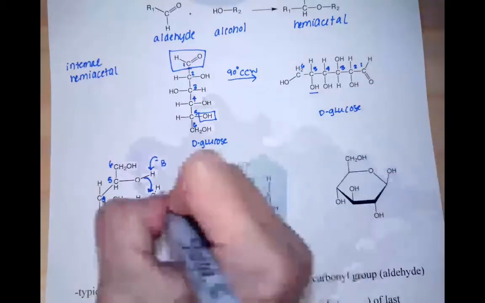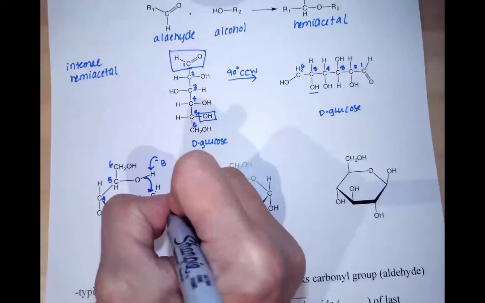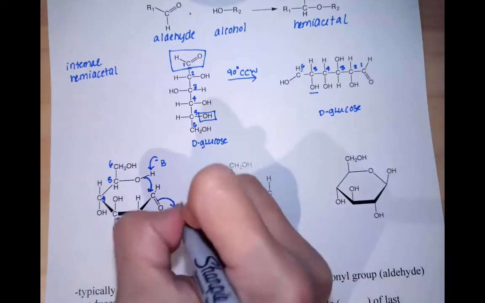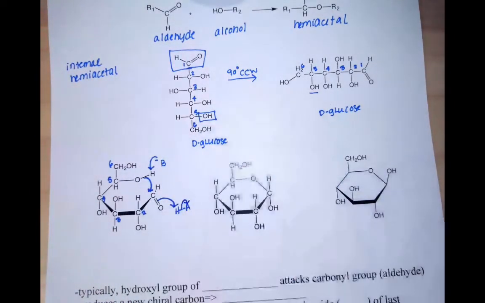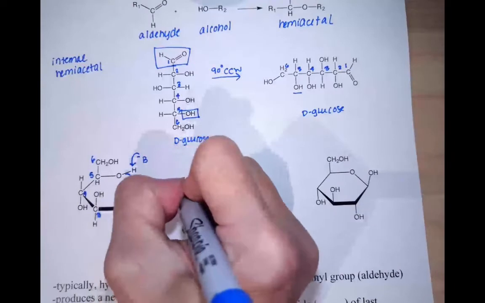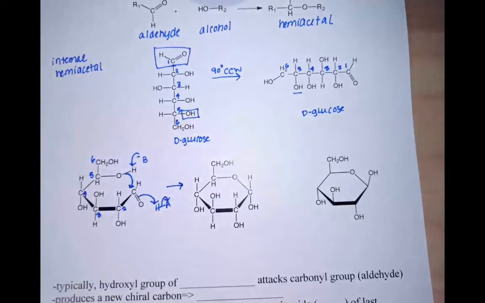And so it can donate a proton to that negatively charged oxygen to essentially form an alcohol. So we had our reaction followed by ring closure to now give our cyclic form of D-glucose.